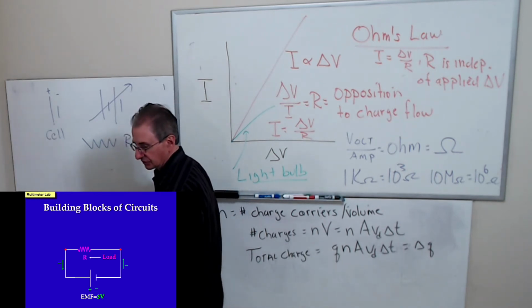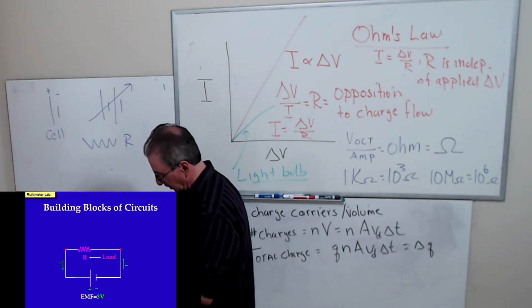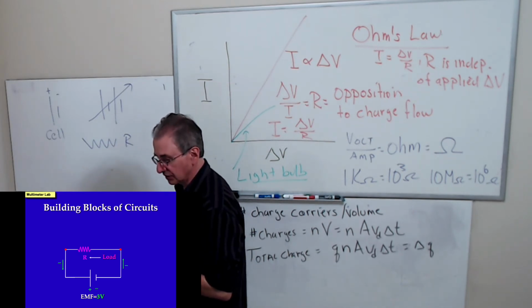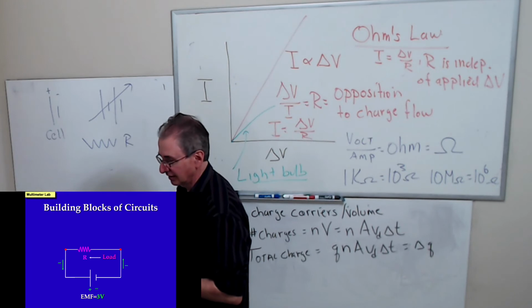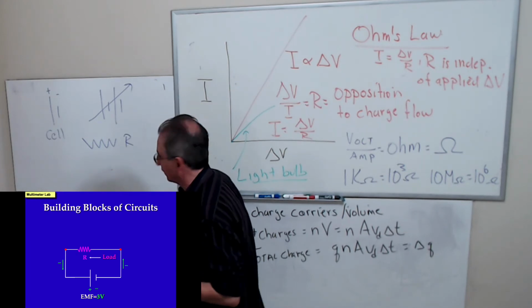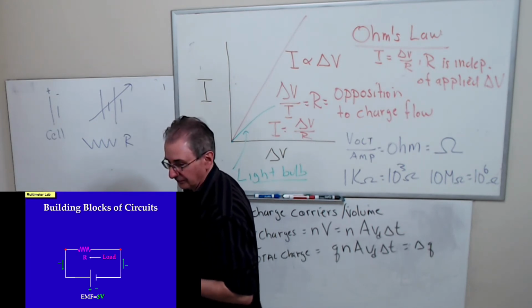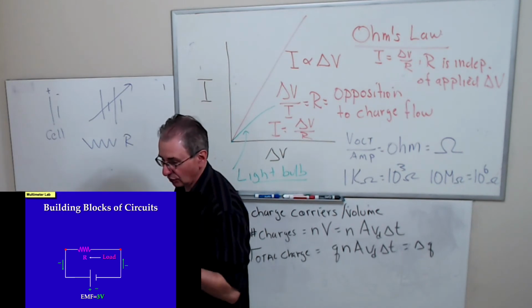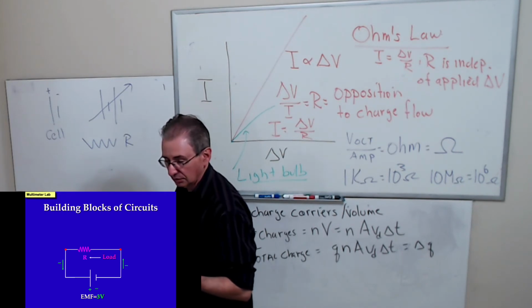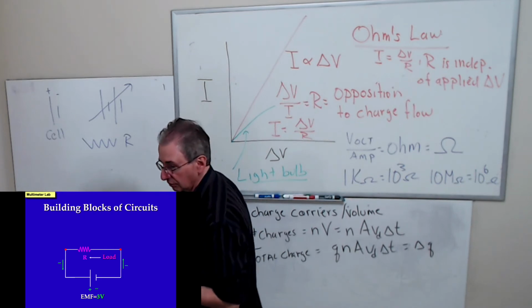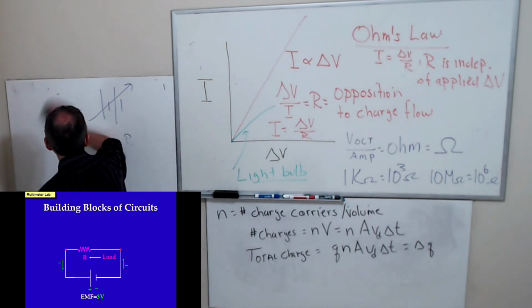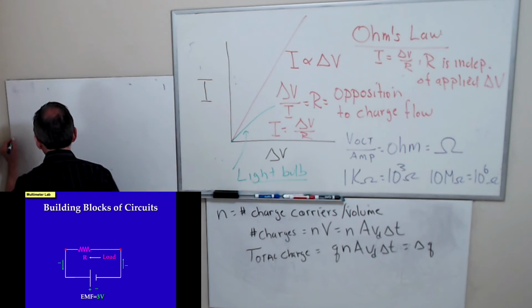What is a resistor? Well, generally, a resistor is a device that opposes current. You can have these devices that obey Ohm's law, and you put it in your circuit, you call it a resistor. So I want to loosely define a resistor.